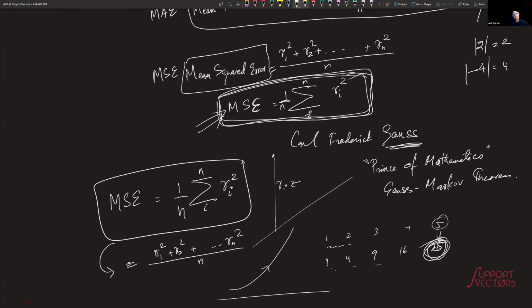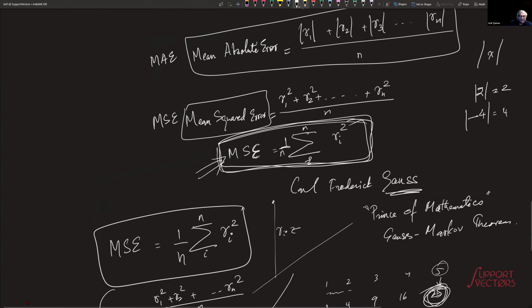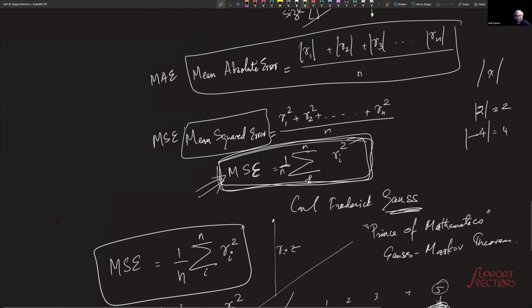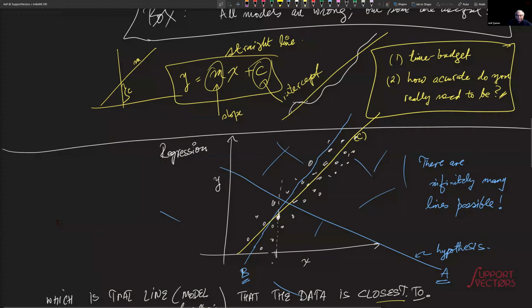Are we together, guys? Now we have a way to say which of the lines to pick among. So if we go back up here and I look at hypothesis 1, 2, 3, would you agree that clearly the residuals of the third one are very small? Look at these yellow residuals.